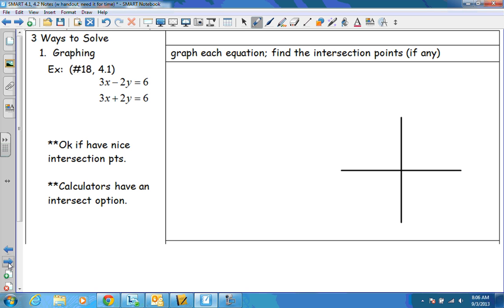If I want to solve by graphing, I need to first find... What form? Slope-intercept form. So let's get those in slope-intercept form. Are they the same lines? Probably. No? Look right here, right? Oh, negative. Oh, I didn't even know. Okay. So get it? Slope-intercept.